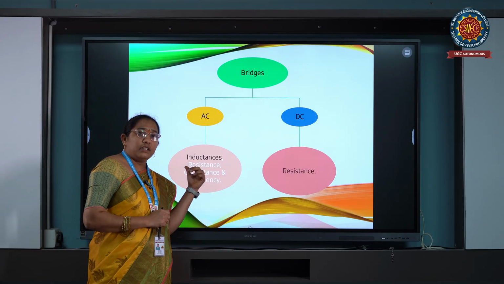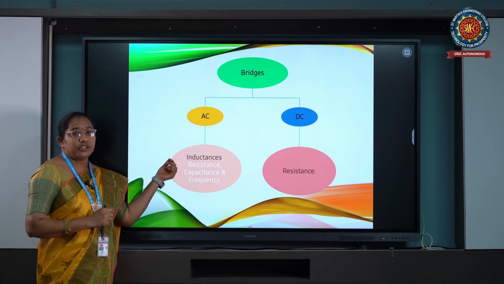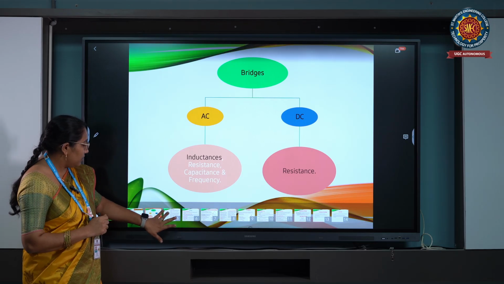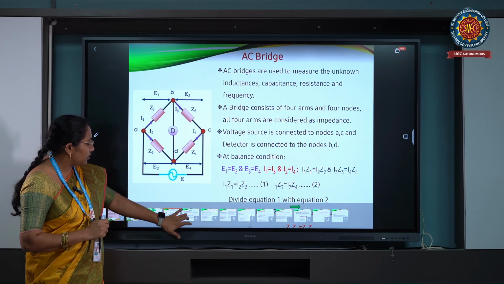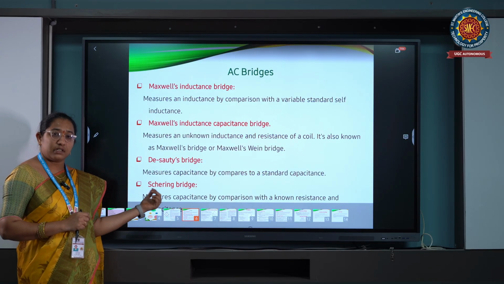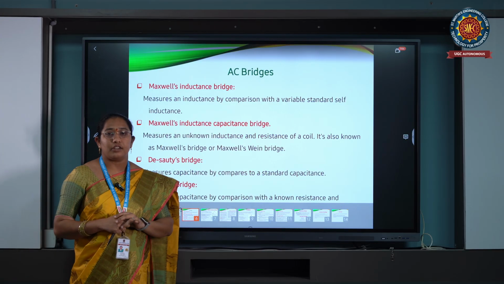Based on the frequency, AC bridges are divided into four types: Maxwell inductance bridge, Maxwell inductance capacitance bridge, DSRT bridge and Schering bridge.